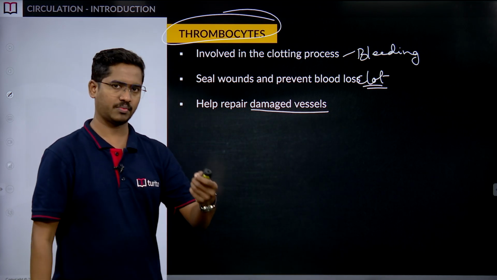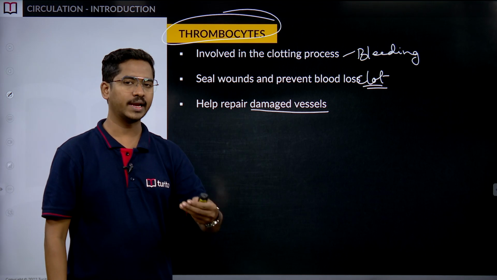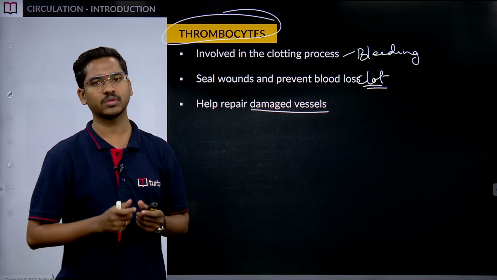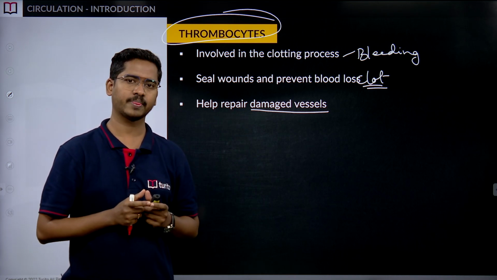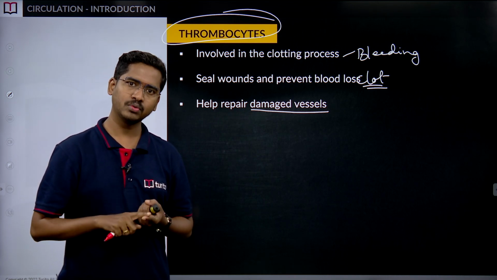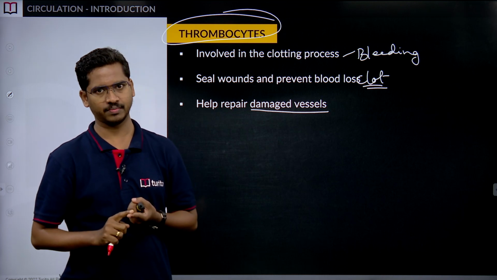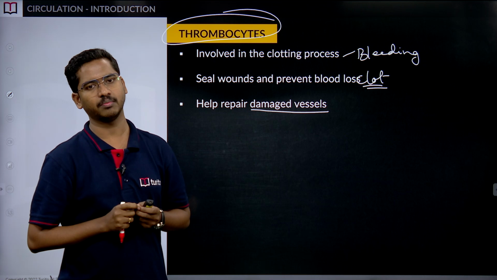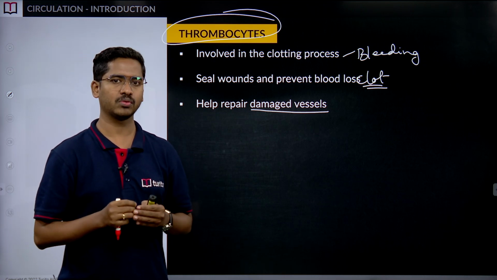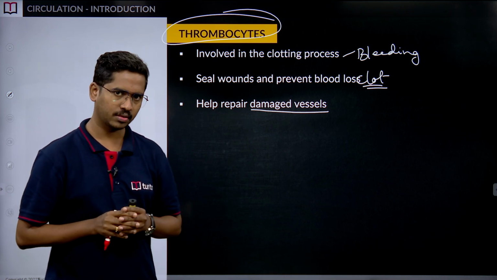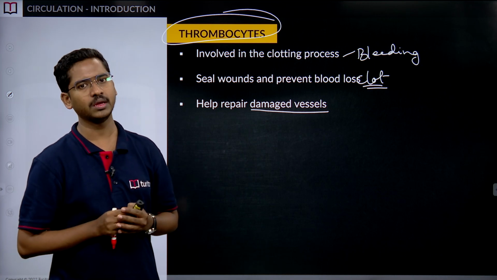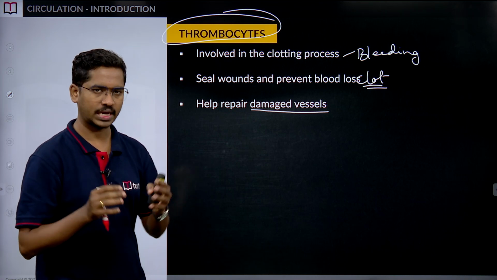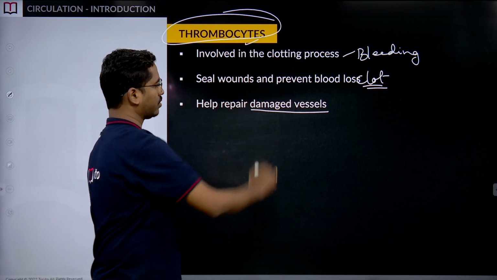If the vessels are damaged and bleeding is happening, we will lose blood pressure first, and we will lose blood as such. Along with that, whatever substances are there in the blood, we will be losing them. To avoid that loss, we need a system in the body which can stop bleeding. That is done by thrombocytes.